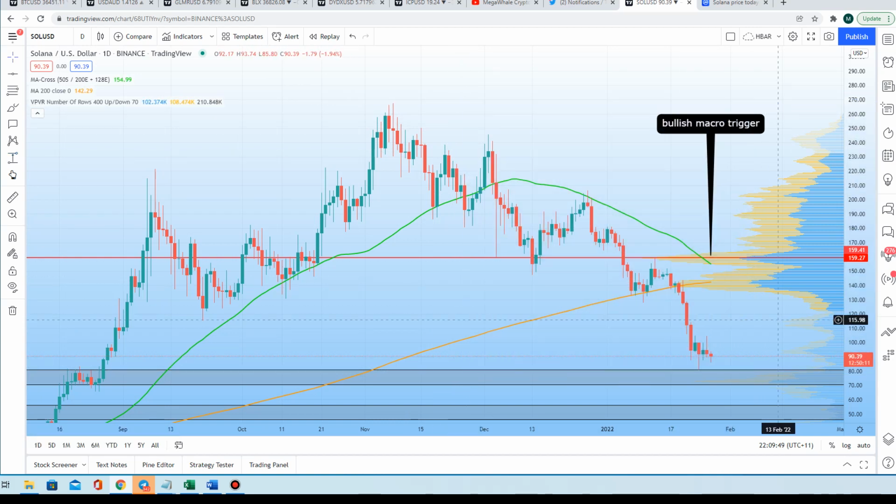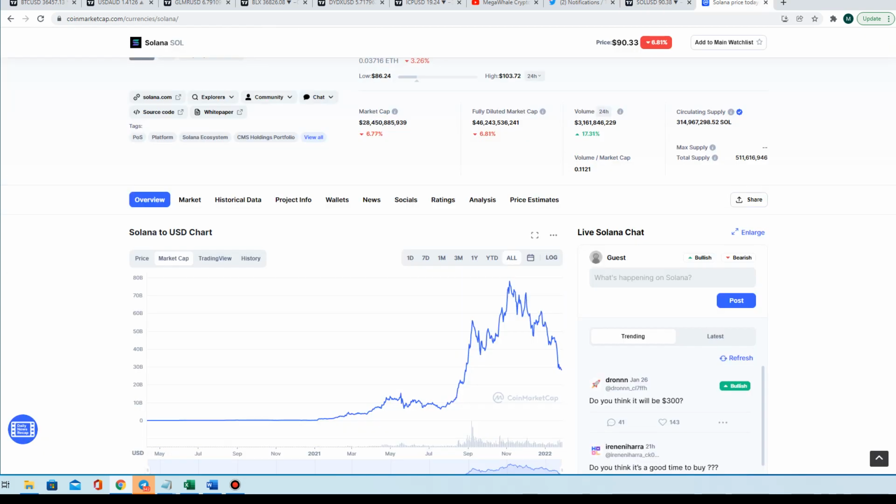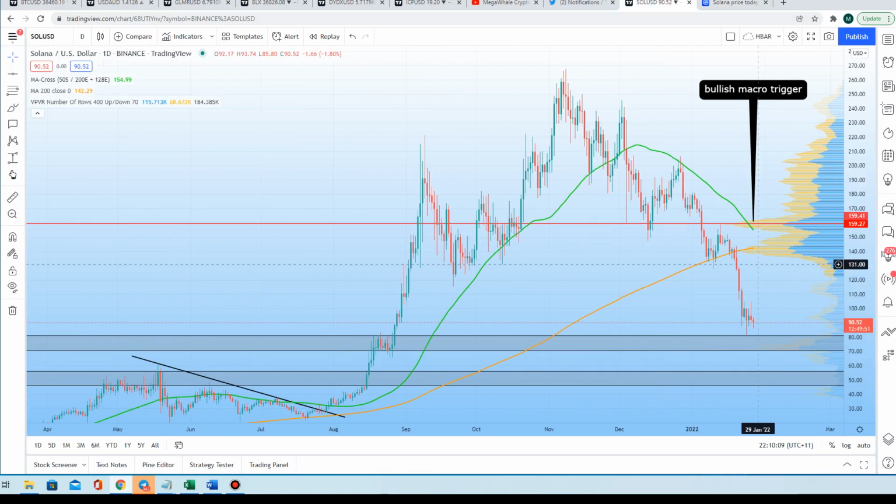A lot of other altcoins have also crashed, but it doesn't take away from the fact that, market cap wise, a lot of money has been wiped off this coin. We went from 77 billion to nearly 27, so nearly 49 to 50 billion dollars has been wiped off this coin since the start of November, which is massive.